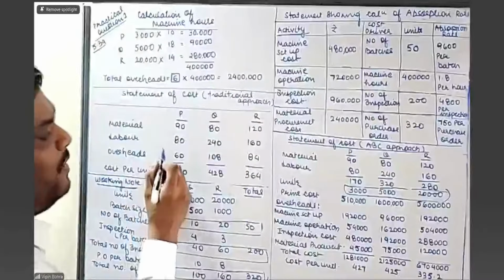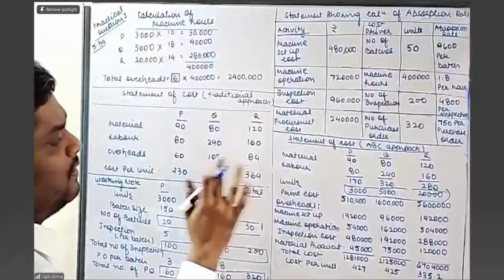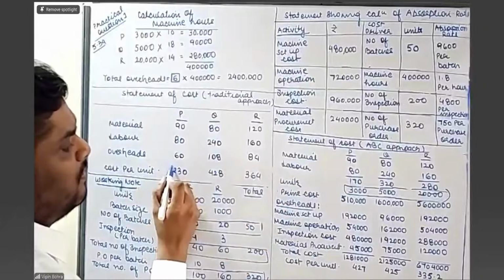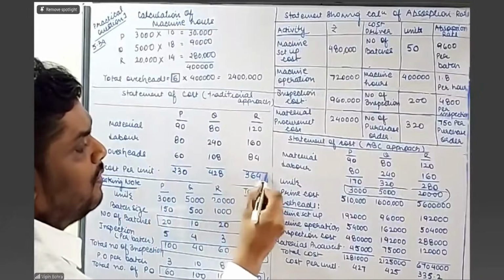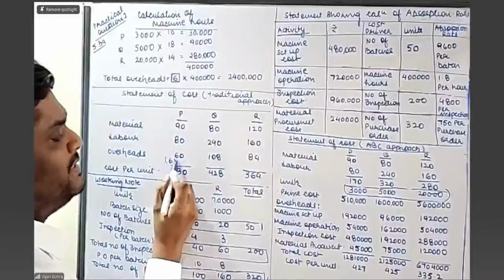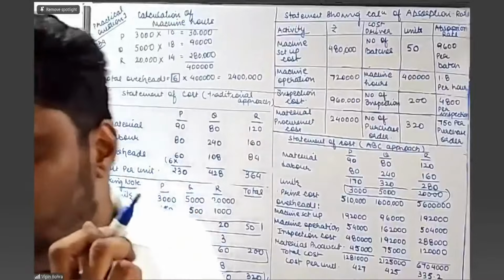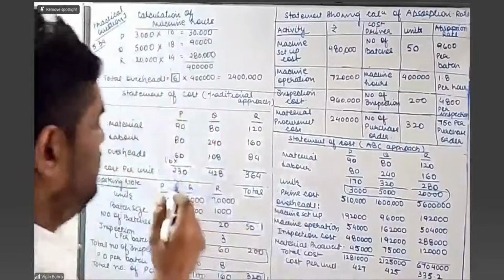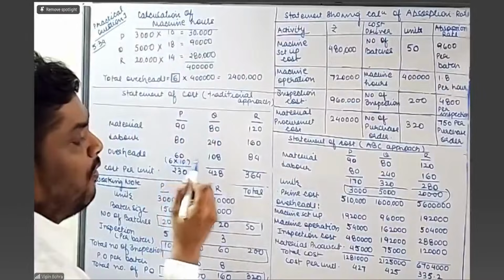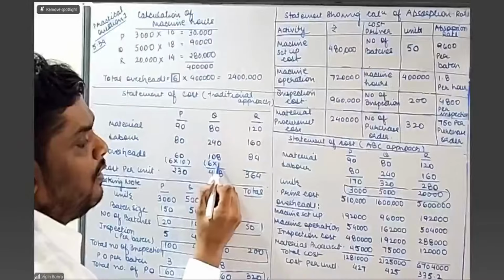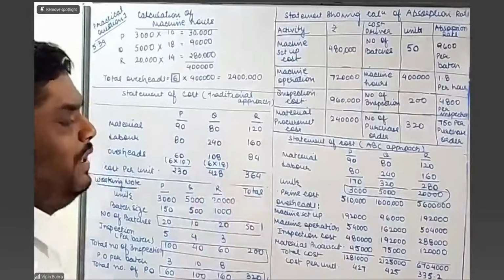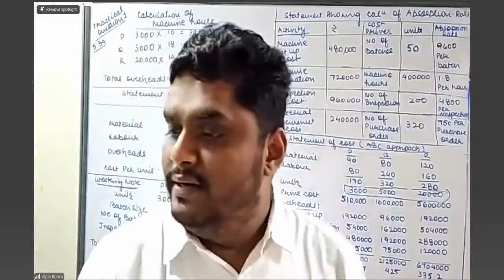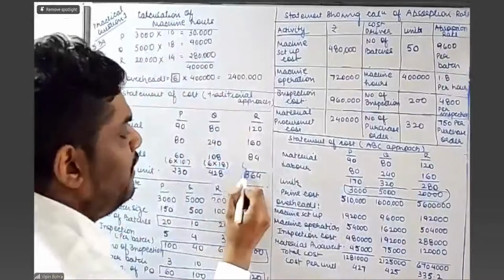So when talking about this 60, it is 6 into 10 machine hours. This is 6 into 18. And this is 6 into 14.